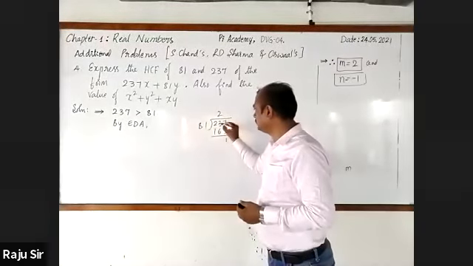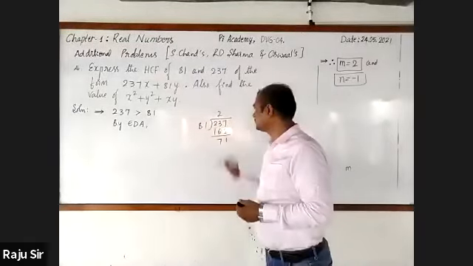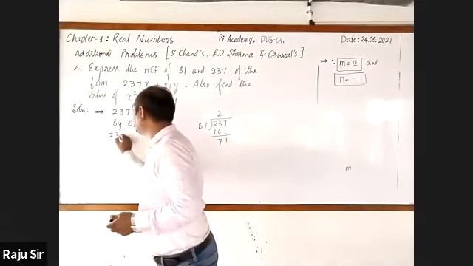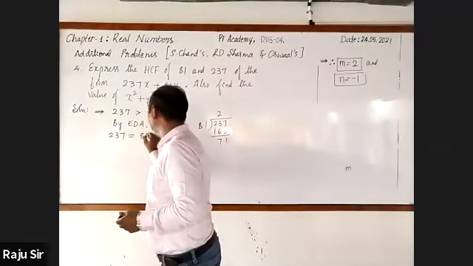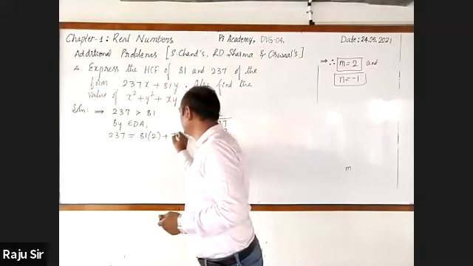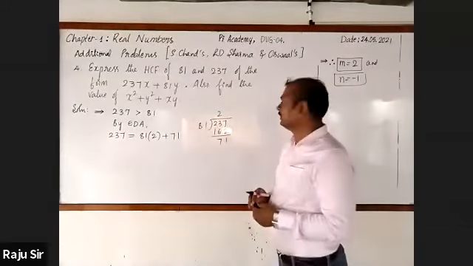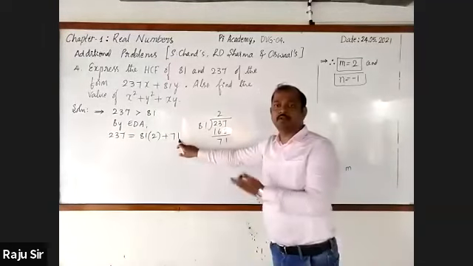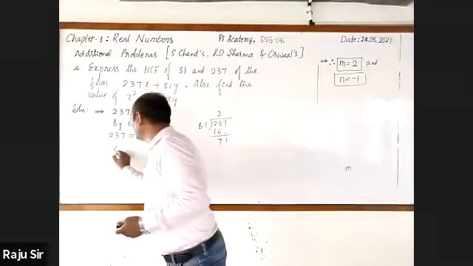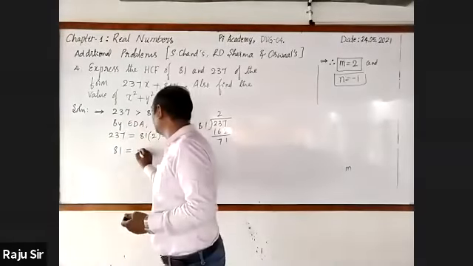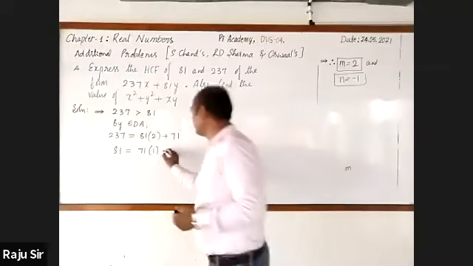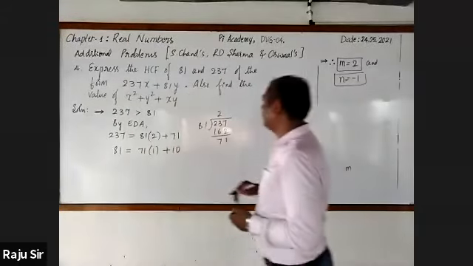Here 75 will remain, 237 minus 162 is 75. So 237 is equal to 81 2s plus 75. Remainder is not equal to 0. Continue. 81 is greater than 75. It can be written directly as 81 is equal to 75 ones plus 6.